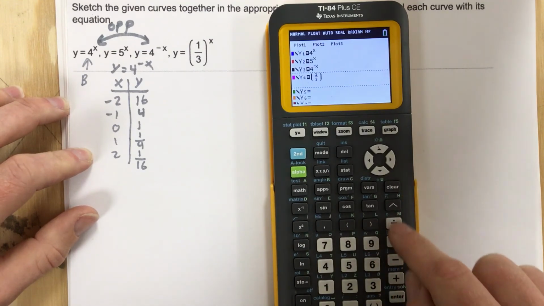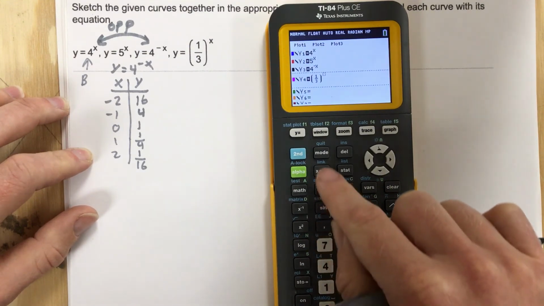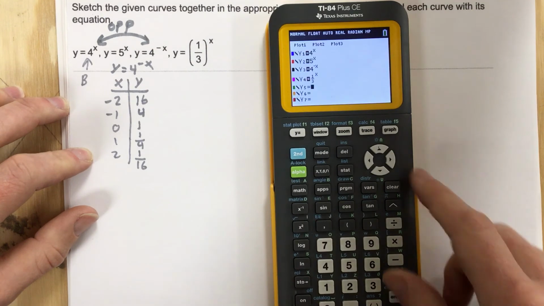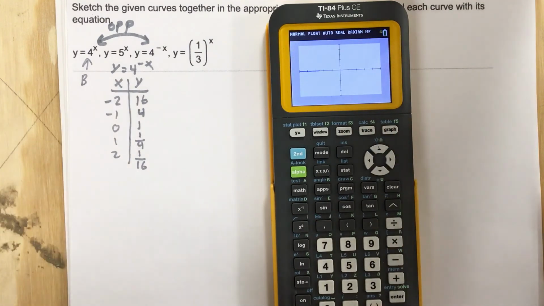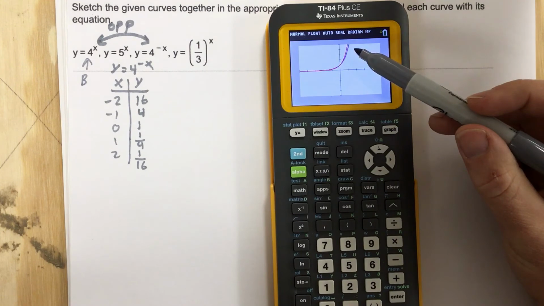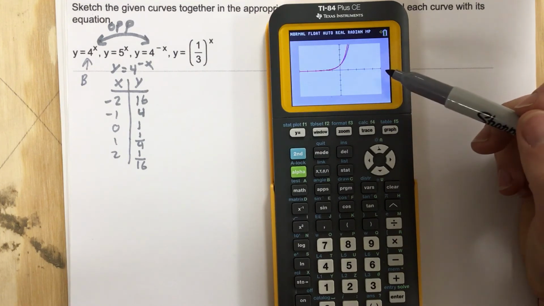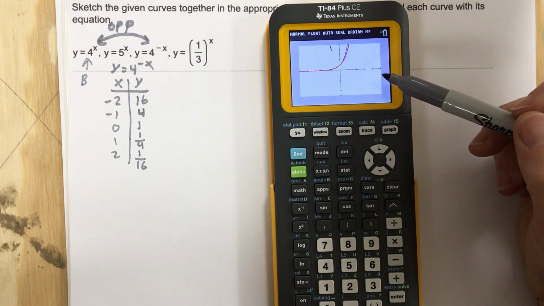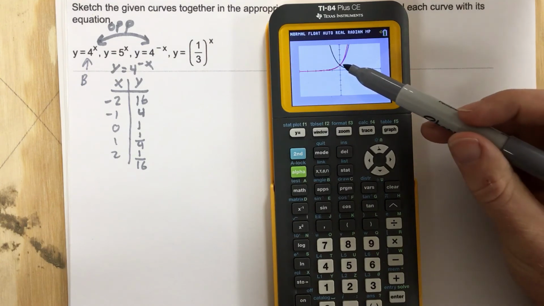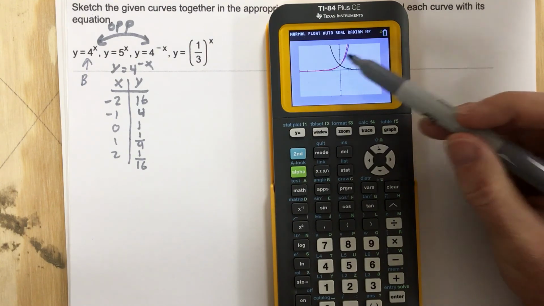Let's put that to the x power. And you should see a reflection for this 1/3 to the x power as well. So you got your blue line, which is y equals 4 to the x. Then you got your red line, which is y equals 5 to the x. Now you've got your black line coming in, which is y equals 4 to the negative x, right? Or a reflection across the y-axis.